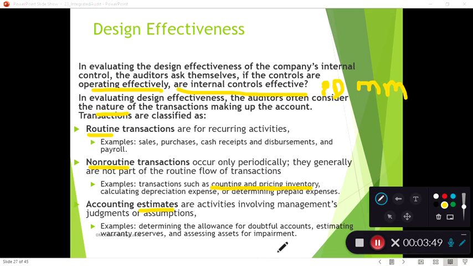And these have judgments, the allowance, warranty reserves, impairment, some of the pension estimates that go into it. So, these can be significant areas, and so we'd want to evaluate how effective those controls are operating around the estimates since they do contain so much judgment.